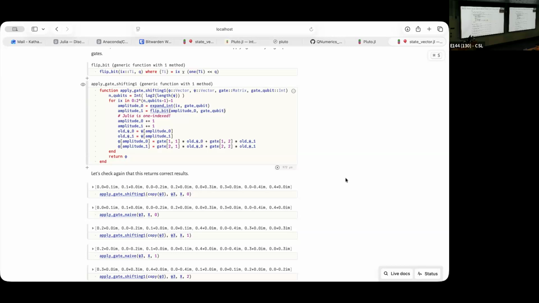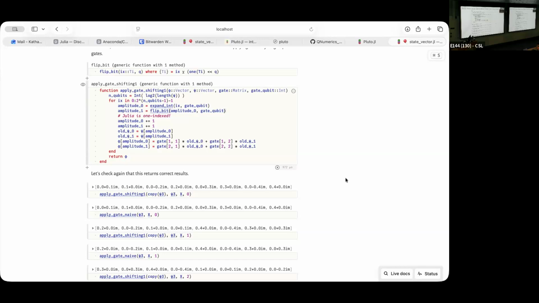Okay. So actually these are half. And then, okay, so here's all the possible indices I can have for my 8-element state vector starting at 0.